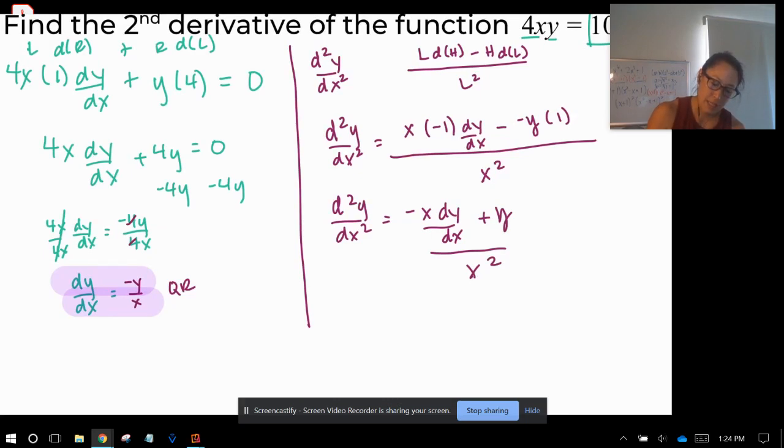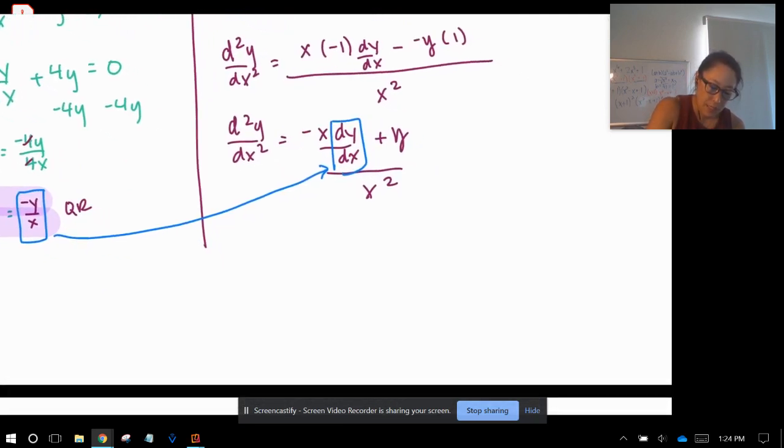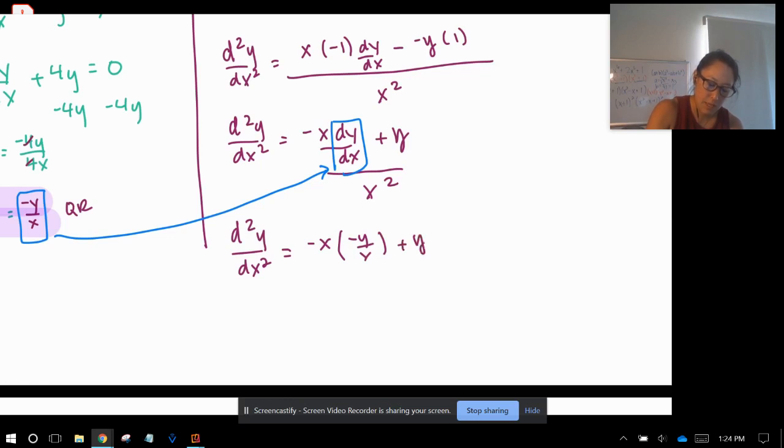The last thing to do is, I am not loving this dy dx, but isn't there a different way that we wrote dy dx? Yes, it's negative y over x. So I can plug that in for dy dx. So I get d squared y over dx squared is equal to negative x times negative y over x plus y all over x squared.